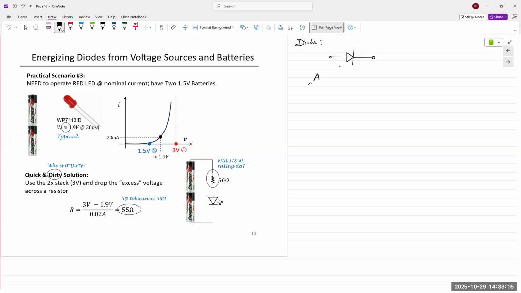There's two terminals, A for anode and K for cathode. The names diode, anode, and cathode were brought over from the vacuum tube era. So we had vacuum tube diodes. Those had two electrodes. So diode literally means two electrodes.